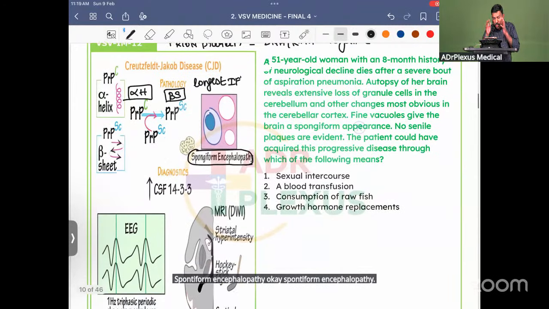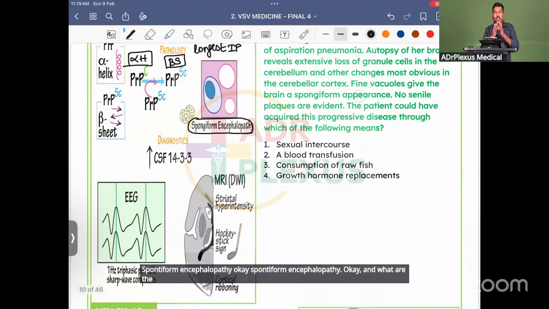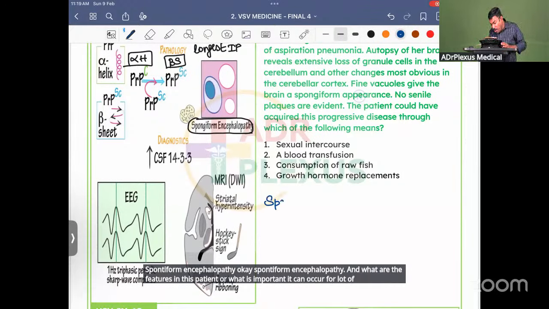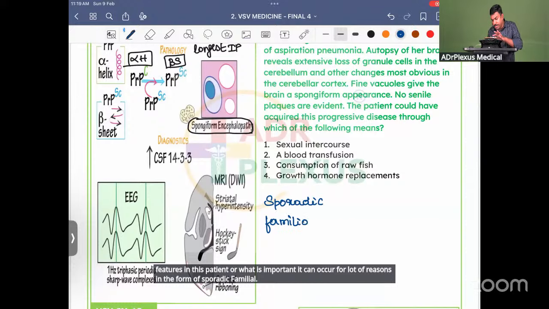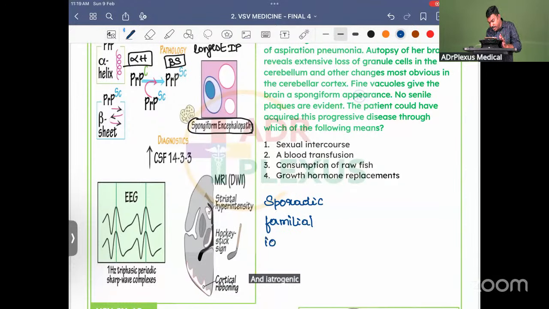What are the features in this patient, or what is important? It can occur for a lot of reasons in the form of sporadic, familial, and iatrogenic. Whenever it is iatrogenic, it can be because of any procedure being done.